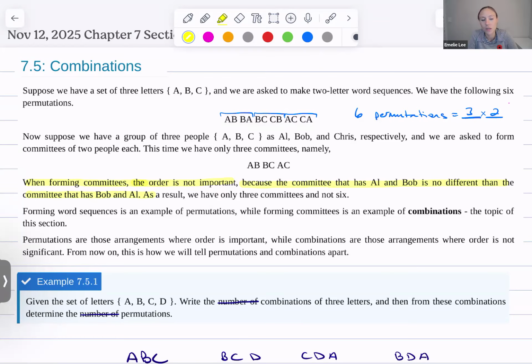It's the same group. And so what that means is that we have now 3 committees instead of 6. Or sorry, trip you up. 3 combinations is what we're going to call them.